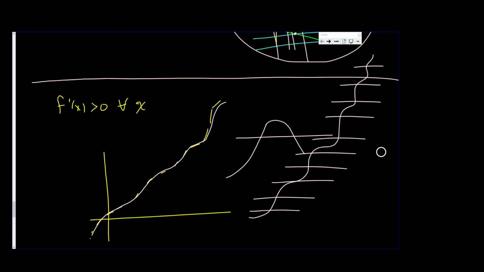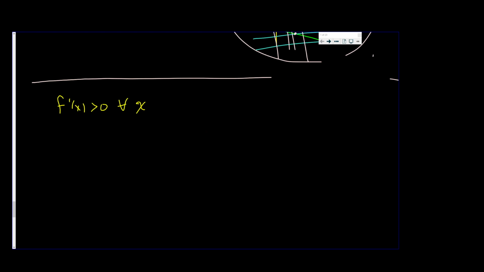Likewise, if f prime of x is always negative for all x, so negative slopes.